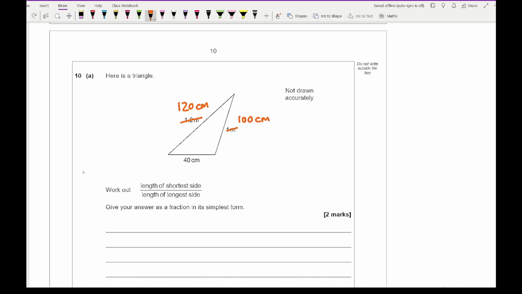Now the shortest side is 40 centimetres, so that's going to be 40 over the longest side, which is 120. Then all that's left for me to do is simplify this, so that becomes 4 over 12, and I can divide both numbers by 4, so that becomes 1 over 3.